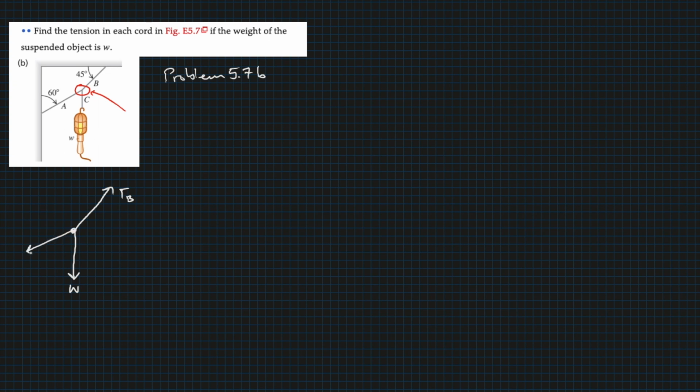Tension A is going off this way, and I'm going to mark down some things here, like the fact that tension B makes an angle of 45 degrees with the ceiling there, and tension A makes an angle of 60 degrees right there with the wall.